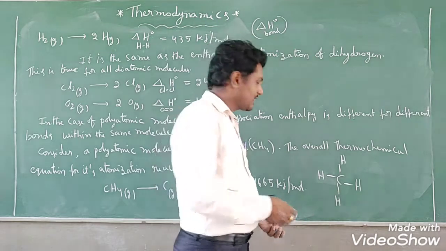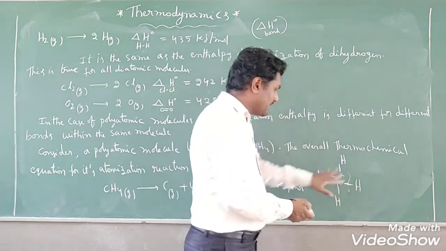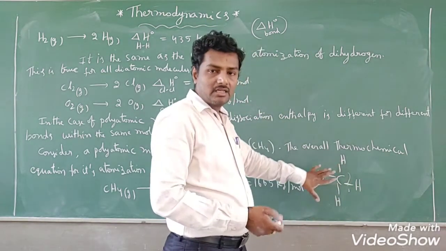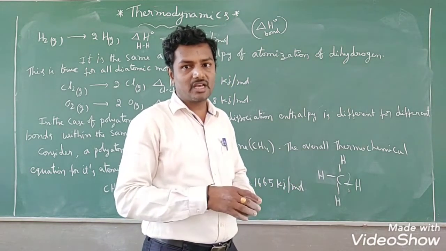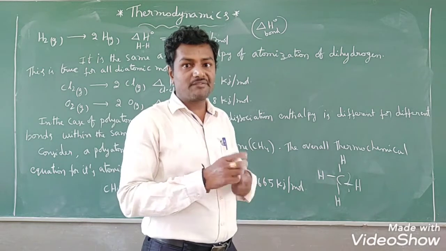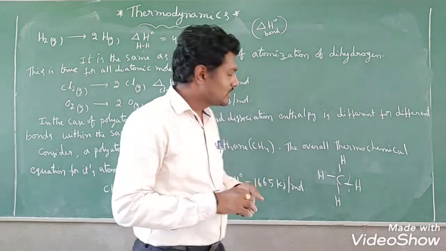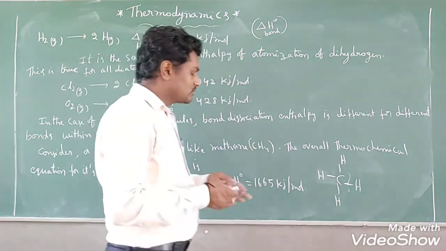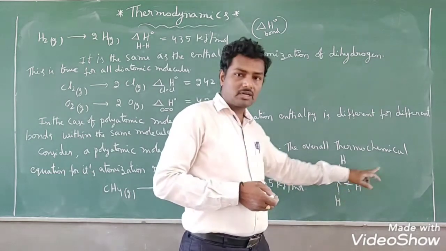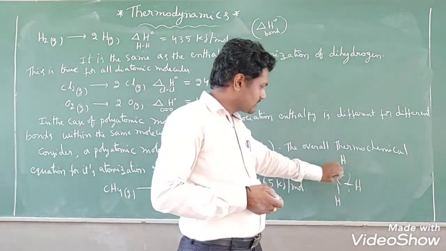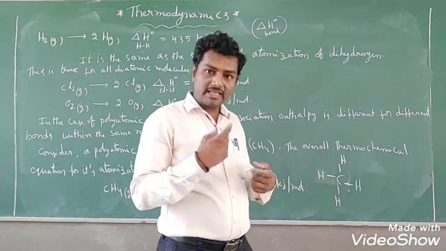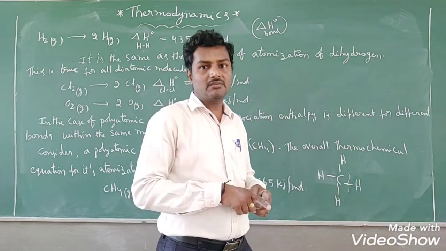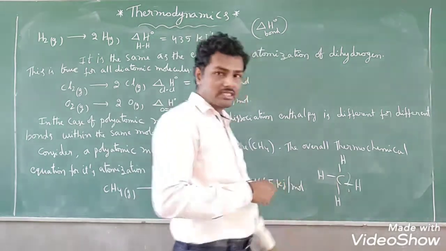Everything is the same, but after breaking one bond, when we take the remaining part, automatically size variation will come, energy variation will come, attractive power difference will come, right? Because of that, to break a particular bond, some amount of energy is required. After getting this CH3, from that any one of the bonds we have to break. To break that bond, we get a different energy. How it is, we will see that now.